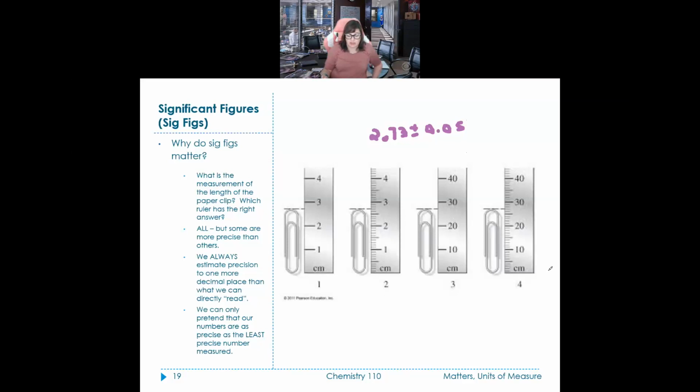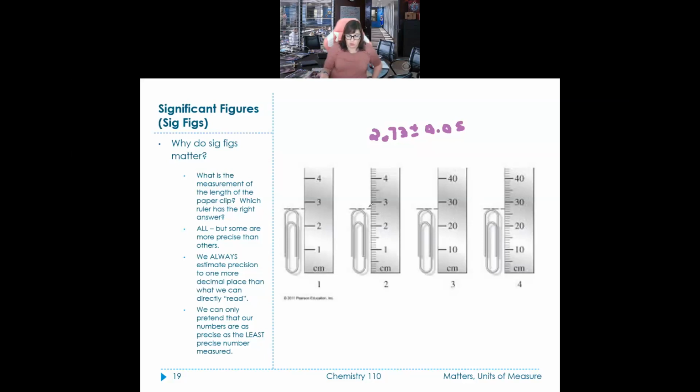So how accurate is it? How well does it measure the value that I'm looking at? And how well can I reproduce that to get the same number more than once? Okay.